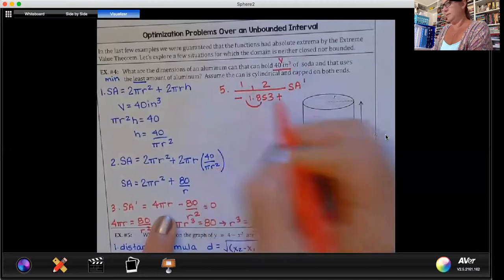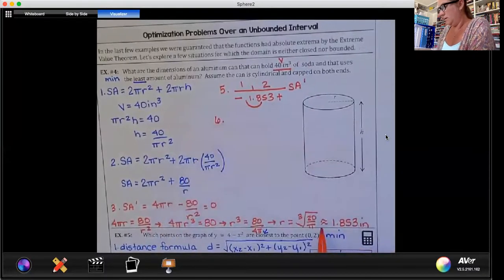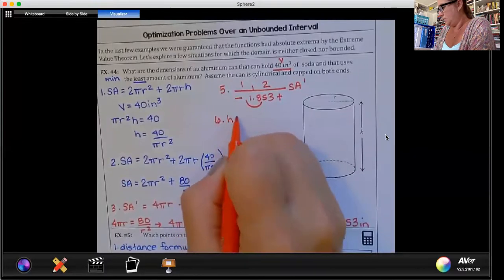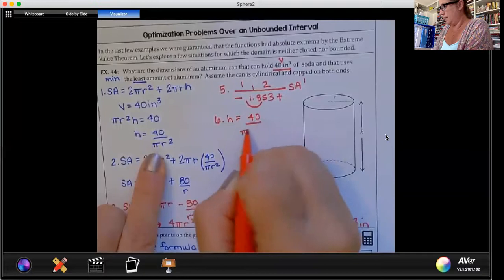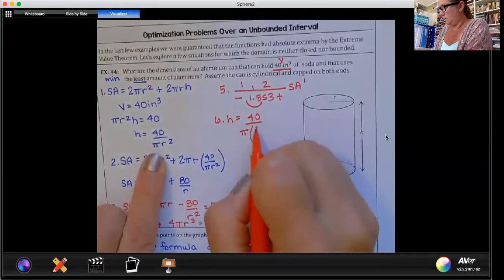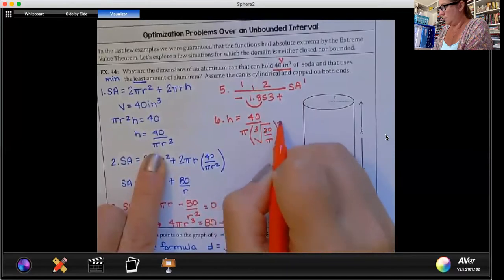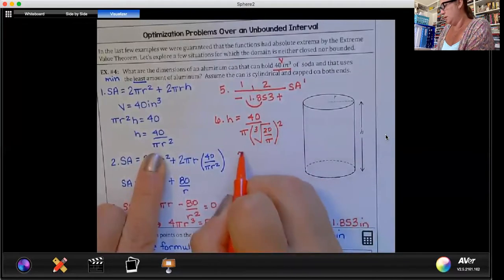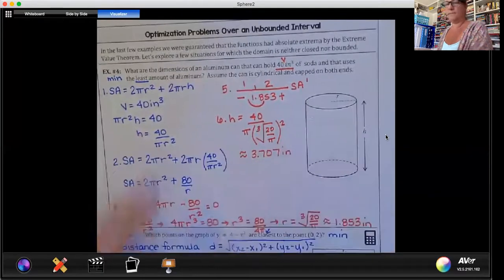Negative to positive is our minimum. So we have our r value, and now we need to find h. So h is 40 over pi times the cubic root of 20 over pi, squared. And using your calculator there, you get 3.707 inches.